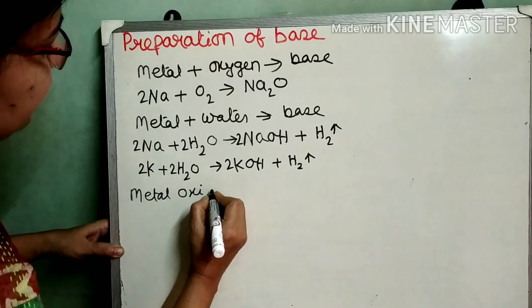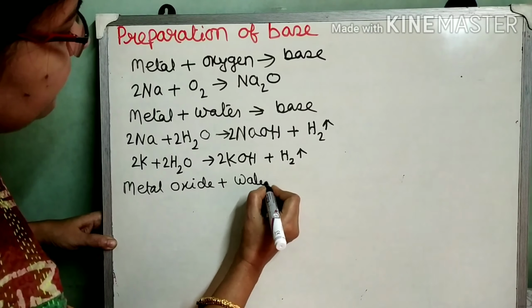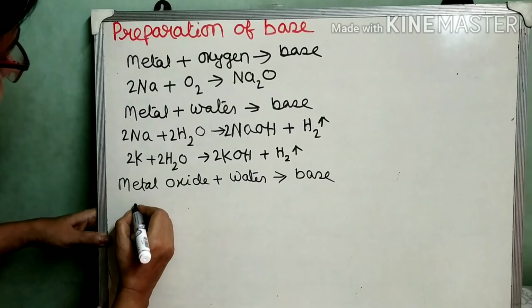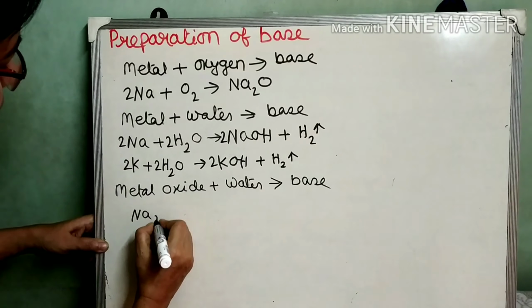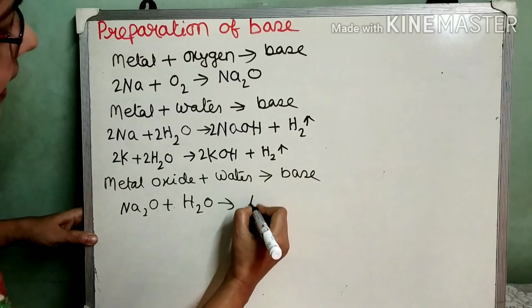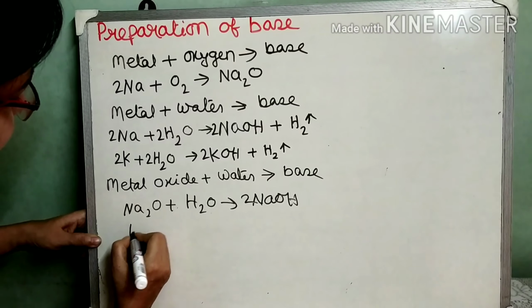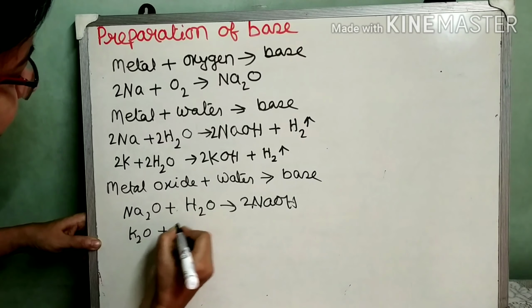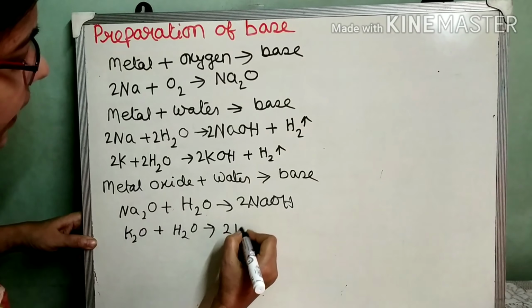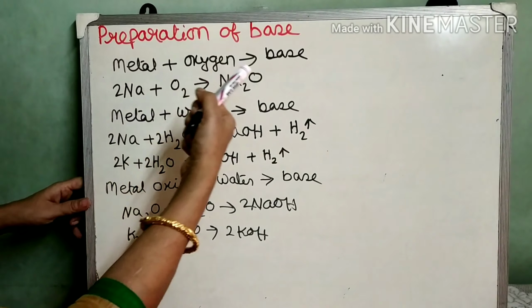Metal oxide plus water gives a base. Na2O plus H2O, NaOH is formed. K2O plus H2O, 2KOH is formed. So this is the preparation of soluble bases.